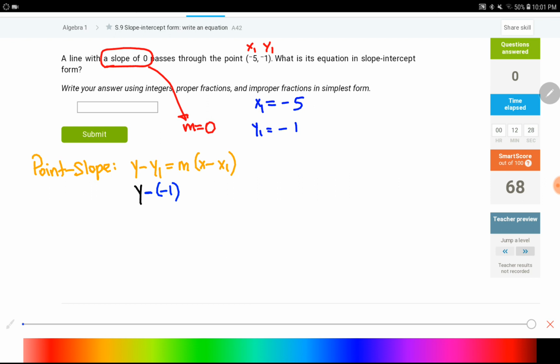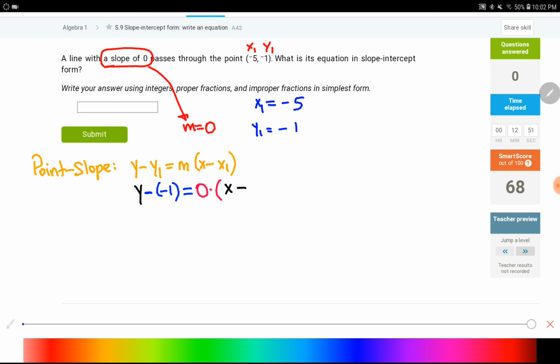So there are two negatives sitting next to each other right now. Bring down the equal. M value is equal to 0. So instead of this, I'm going to put a 0 times x minus x1. What's my x1 value?